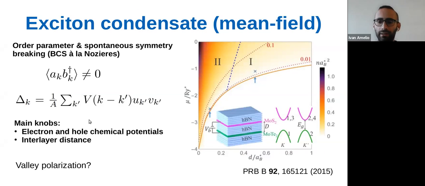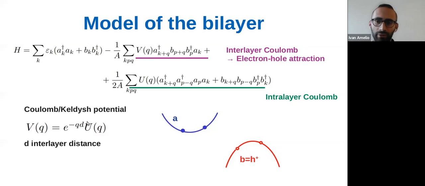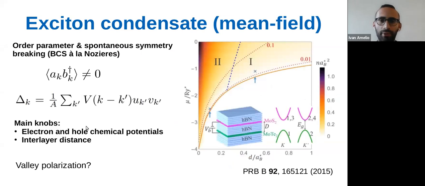Okay, so now on top of this model, one can do a mean field theory, based on some BCS-like variational wave function, and the order parameter that emerges, so the symmetry that is broken, is the U(1) symmetry associated with the simultaneous conservation of charge in the two layers.